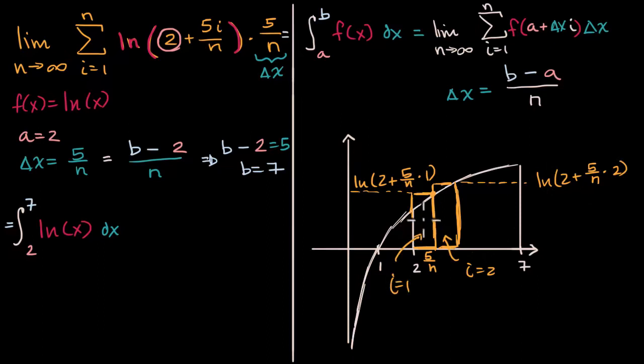The area of this first rectangle is going to be natural log of 2 plus 5 over n times 1 times 5 over n. The second one over here, natural log of 2 plus 5 over n times 2 times 5 over n. And so this is calculating the sum of the areas of these rectangles. But then it's taking the limit as n approaches infinity. So we get better and better approximations going all the way to the exact area.